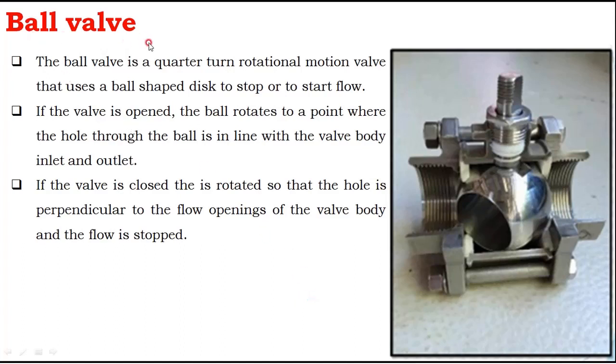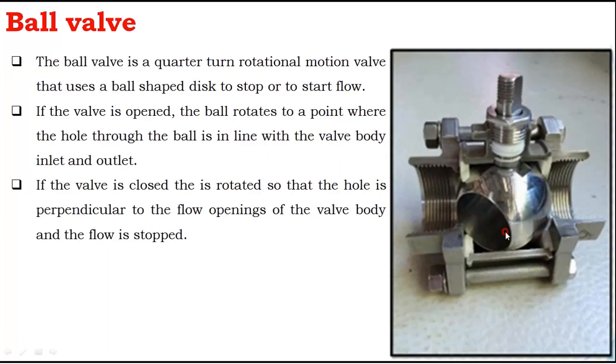Then ball valves. Ball valves, you might have seen this one in your plastic taps. Just take a waste tap and open it. Inside you will see one ball. That ball has an open end at both sides, and the other side is in a ball shape.